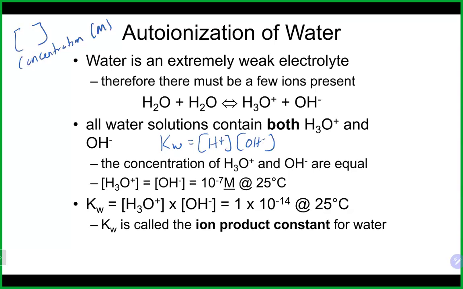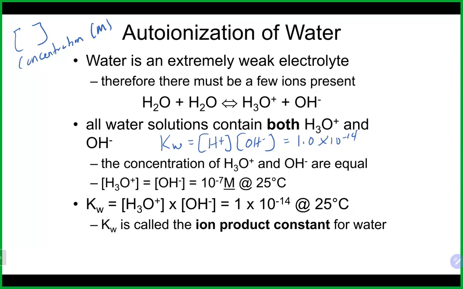And this equals 1 times 10 to the minus 14. You can think of this as a constant value. The real answer is it does change with temperature, but in most cases it's pretty constant, and you can use 1 times 10 to the minus 14.